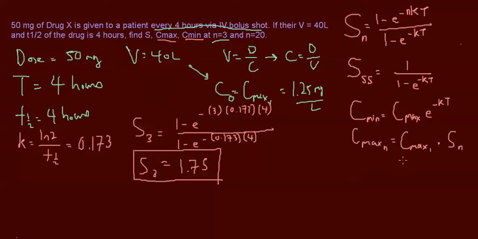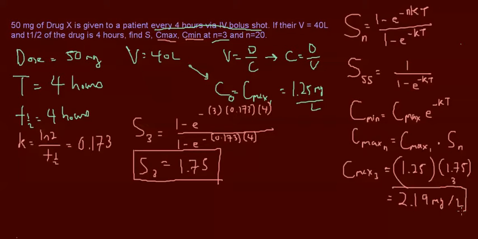So we've got your 1.25 times your S, which is 1.75 at 3. It's important to note this is at 3. That is going to be your C max at your third dose, and we'll get 2.19 milligrams per liter. So that's that.